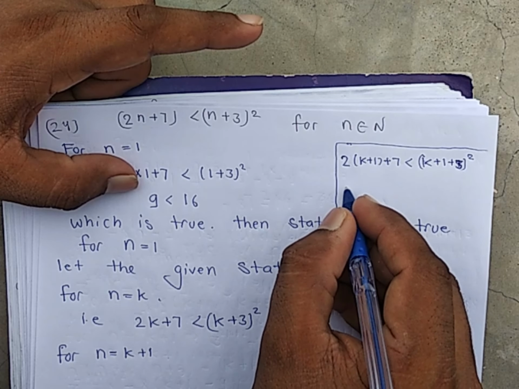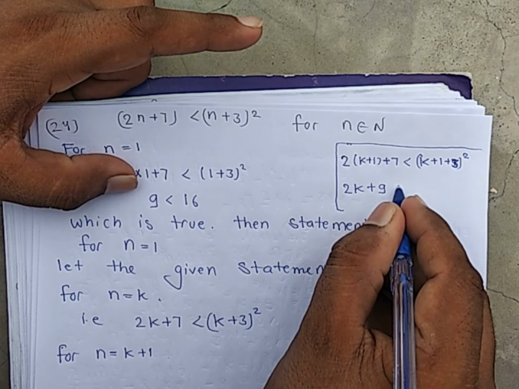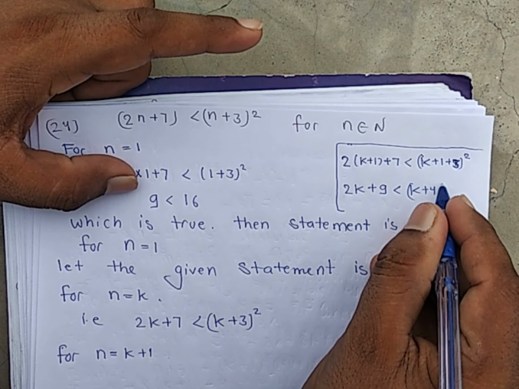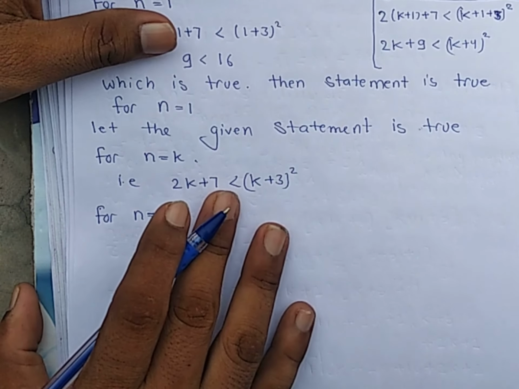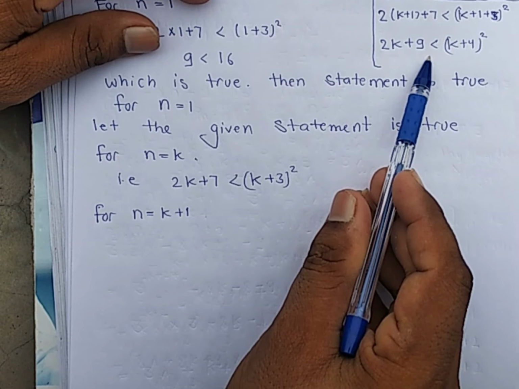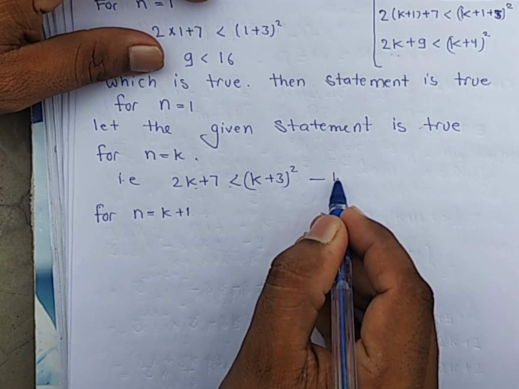That is, we have to find a relation 2k plus 9 is less than k plus 4 to the power 2. In order to find this term, we simply add 2 on both sides of equation 1.